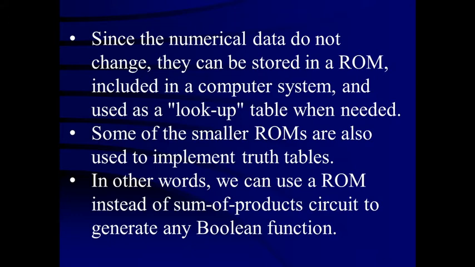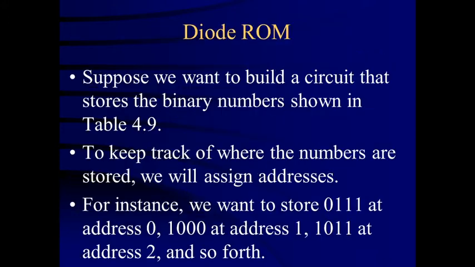IC 74150 is a universal logic circuit which can implement any 4 variable truth table. That's why it is known as a universal logic circuit. This is the fourth way: you can design a logic circuit using a ROM. So here we are going to study that a sum of product equation can be implemented using a ROM to generate any Boolean function.